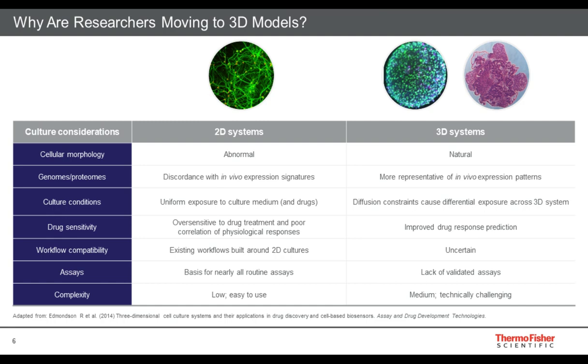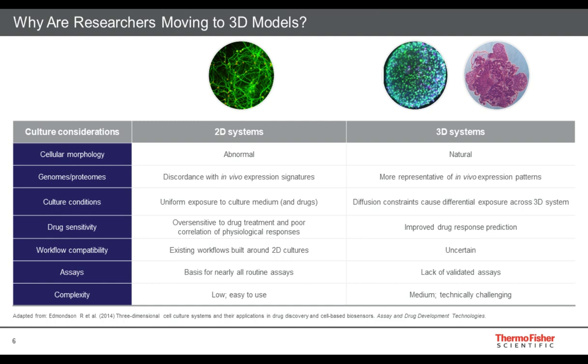One of the nice things with 3D cell models is that they seem to hold the gene expression or protein expression signatures much more faithfully, such that they look more like the in vivo tissue or disease sample compared to 2D systems.